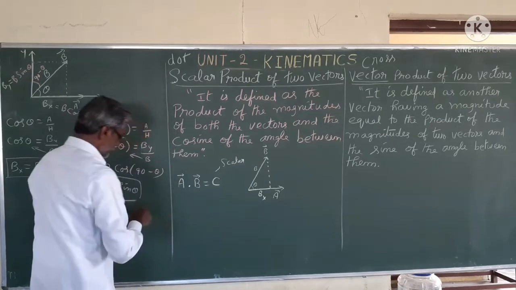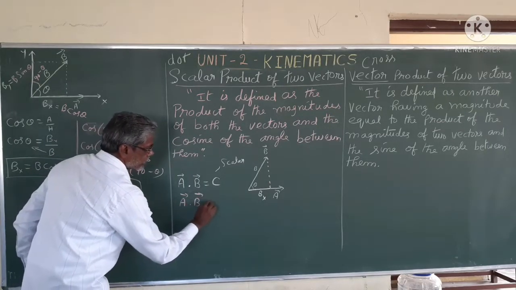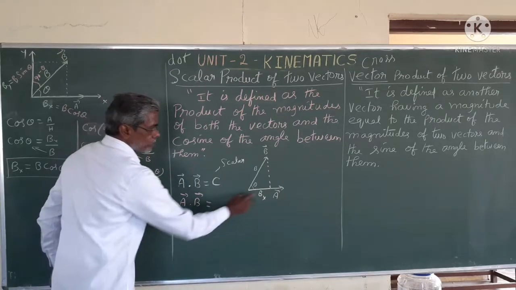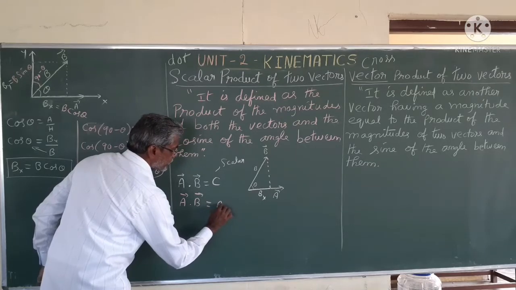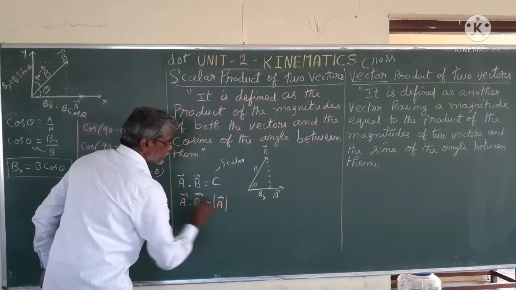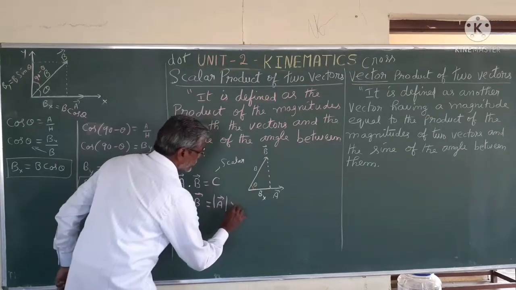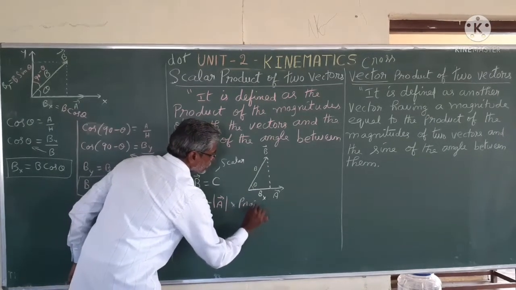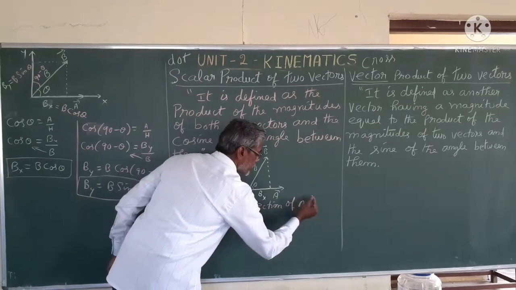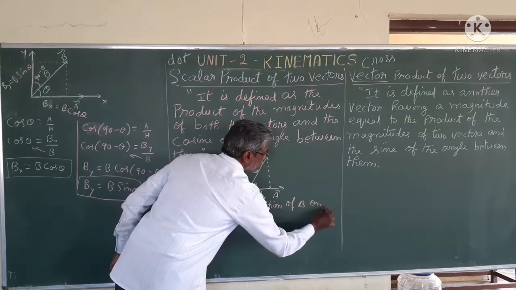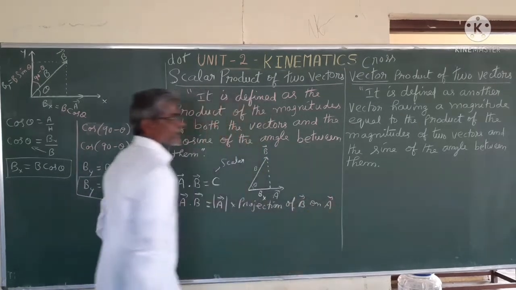So I can write a vector dot b vector is equal to the product of the magnitude of a vector and the projection of b vector on a vector.